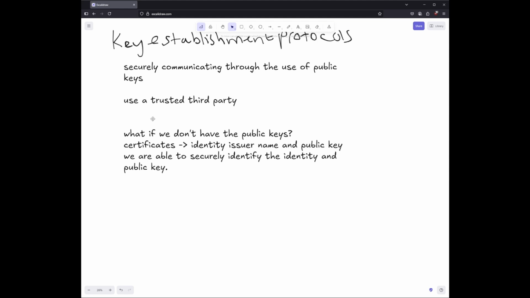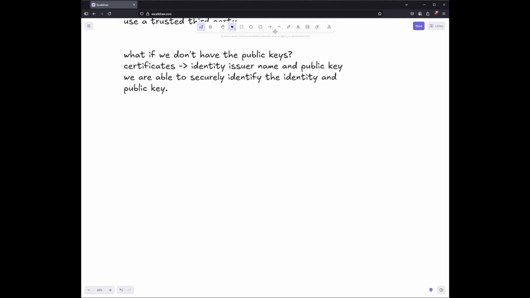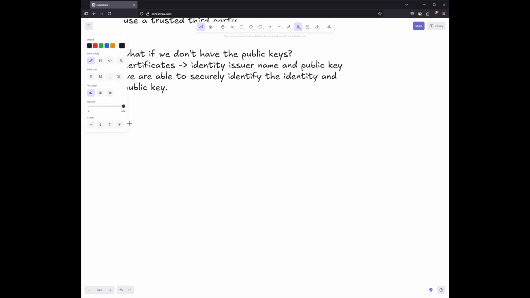Another property that we should have within our protocols is forward secrecy. So what is forward secrecy? Can anyone in the chat tell me? Does anyone know? Even if a key is compromised, all previous sessions should be safe.